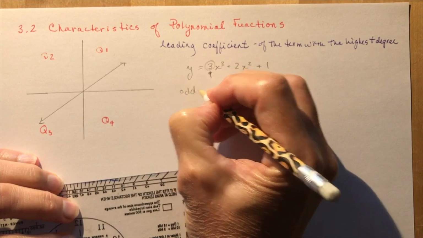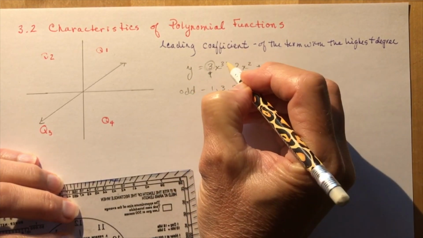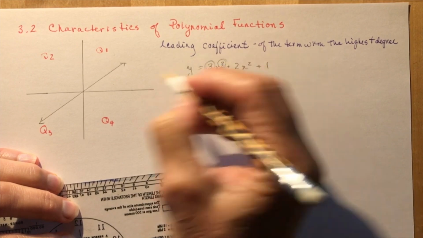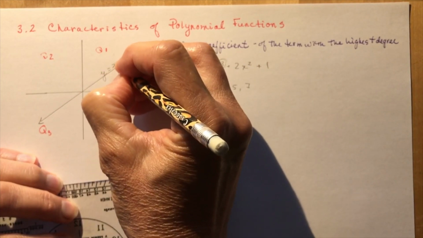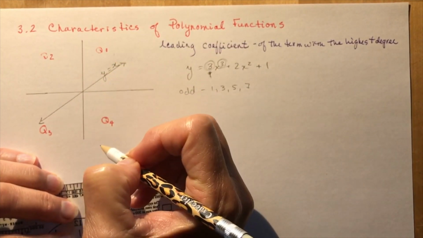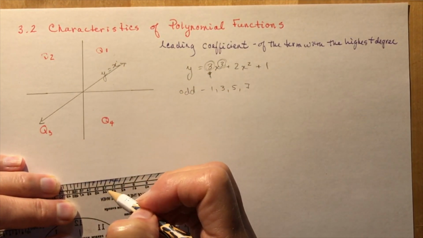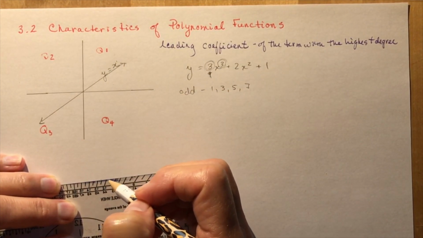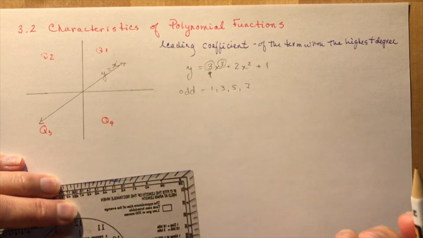Odd means 1, 3, 5, 7. Those are odd numbers. So this would be y equals x, say. It has a positive leading coefficient, that's 1, and the degree is odd, it's also 1. So it will go from quadrant 3 to quadrant 1.